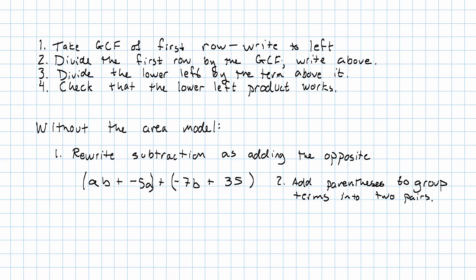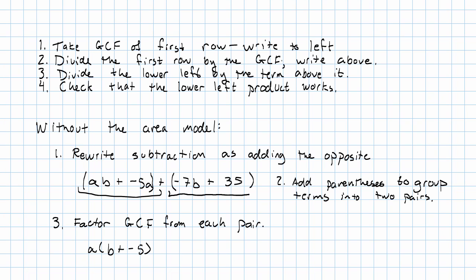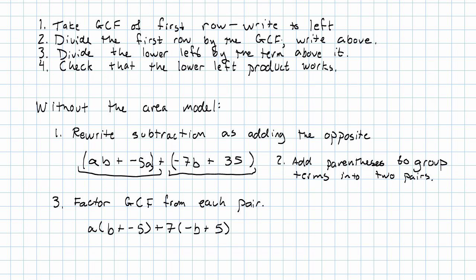Okay, and now we're going to factor out the greatest common factor from each pair. So in this pair, the greatest common factor is a. And in this pair, the greatest common factor is 7. Okay, at this stage, we compare these two binomials, and we notice that they're different.